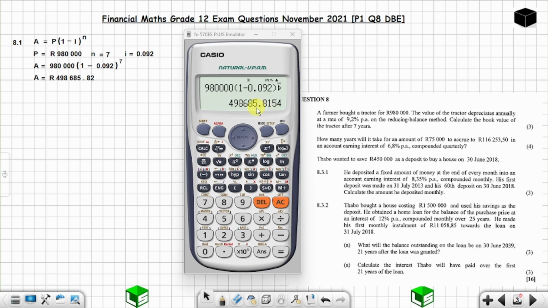When you round off to 2 decimal places, 82 cents. So this is your book value. You can see the value is less than the initial value.